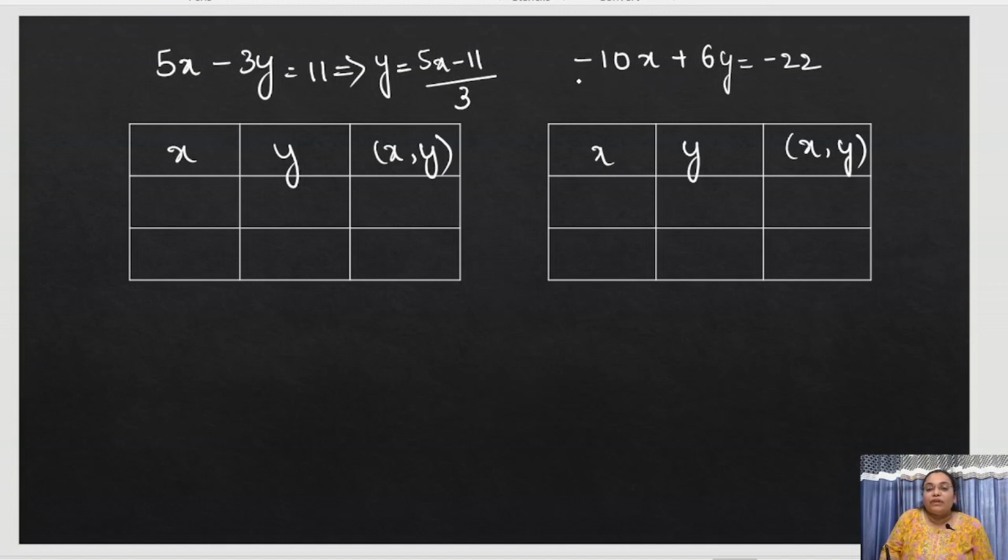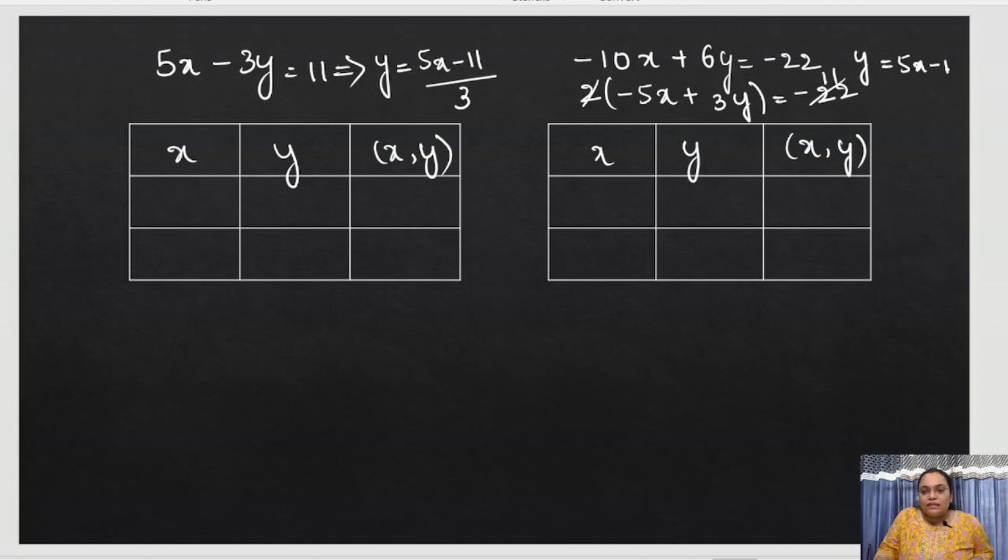So from here, if you take 2 common, you will get minus 5x plus 3y is equal to minus 22. Okay, 2 ones and 2 11s are the same. Right? So from this equation, you will get y equals 5x minus 11 by 3.